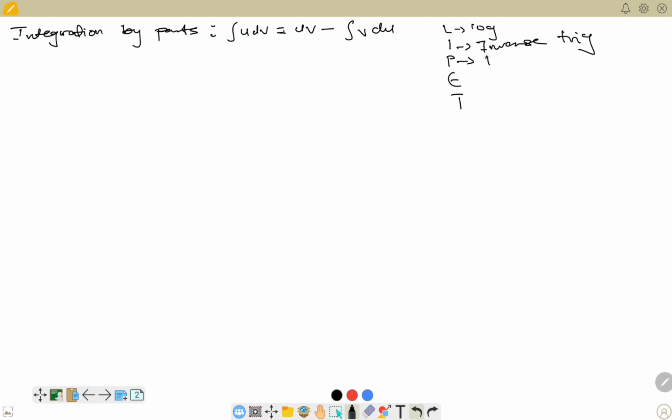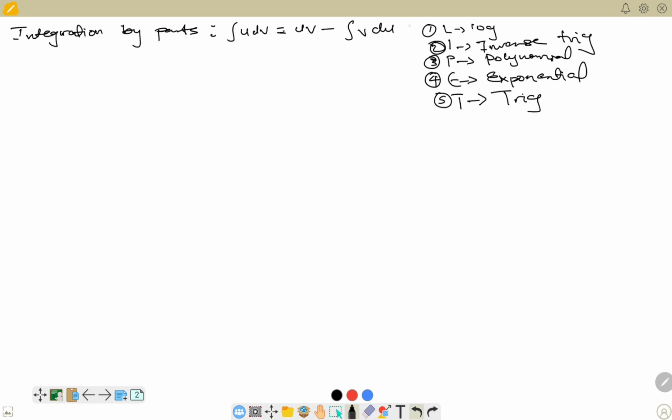Then P represents polynomial. Then E represents an exponential function. Then T represents a normal trigonometry function. So we see that this is 1, 2, 3, 4, 5.